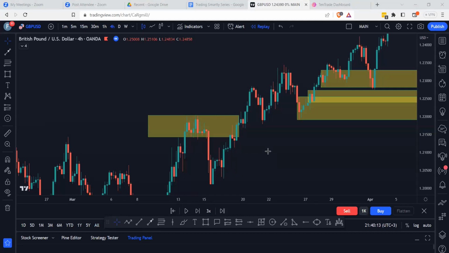Ambrose Annie is asking a question: which of the sessions is good to trade? Yesterday, we talked about the essence of trading sessions, right? Trading sessions are based on when a particular currency is mostly active. There's no good session to trade. It depends on the currency pair that you are trading.